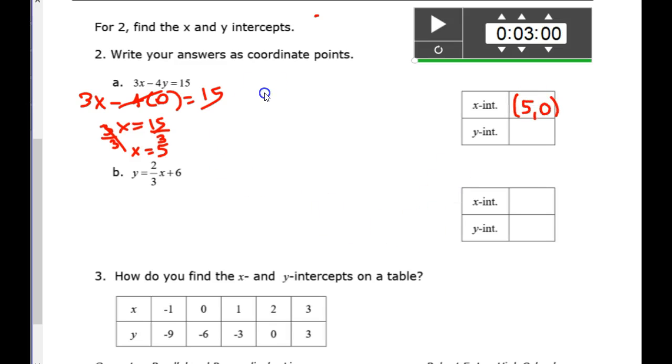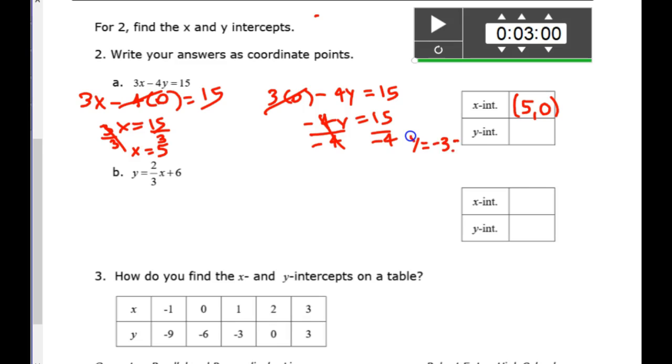And then, this time we plug in 0 for x for the y-intercept. These cancel. Negative 4y equals 15. Divide by negative 4. And this time we don't get a nice clean whole number. We're going to get a decimal. Is it negative 3.75? So 0, comma, negative 3.75. Try not to get those mixed up.